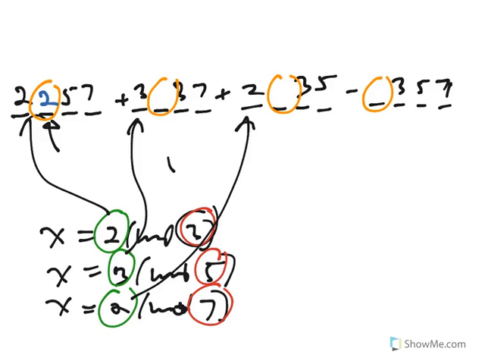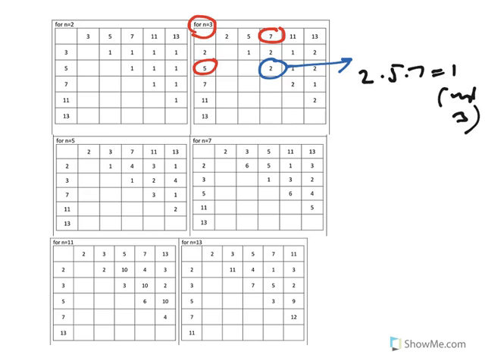Now for this next one, I go to this. That first one was for the 3. This next one's for the 5. You see these other terms all have 5s in them, so they don't matter for the remainder. I go to the n equals 5 chart, which is over here, and I take the 3 and the 7, and I look at what number's there, and there's a 1 there.